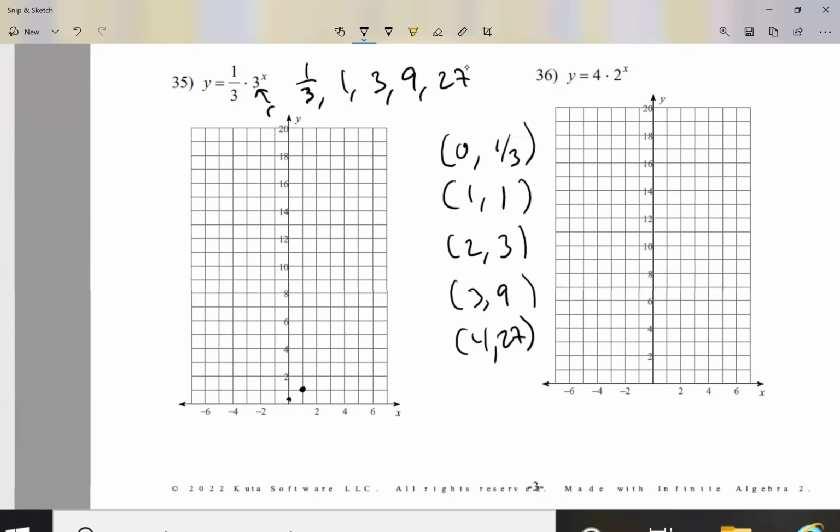Then 1 and 1, 2 and 3, and then 3 and 9. The 4 and 27, I don't have a space for that. It's just way, way out there. So I'm going to say this graph starts very, very low, eventually crosses that point, and then it takes a big turn. Boom, it looks like that.